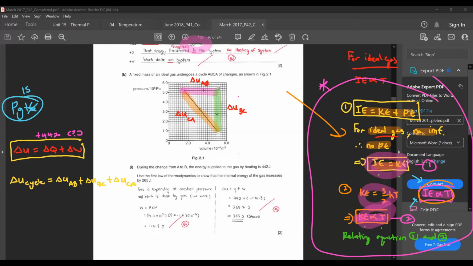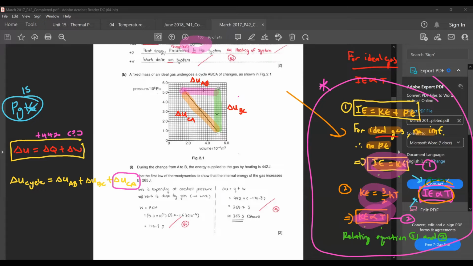What you want is this one, the change in internal energy from C to A. But this one can only be found if you know what the others are. Now, you should realize that the change in internal energy of the entire cycle is going to be 0.